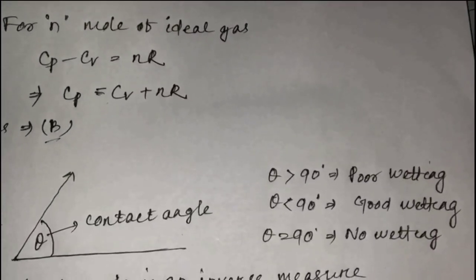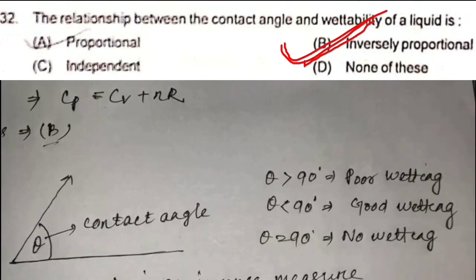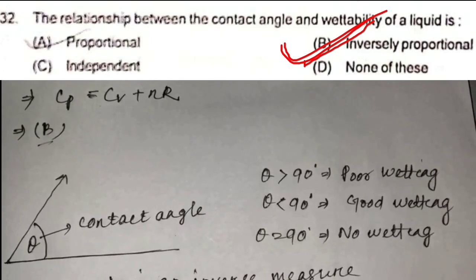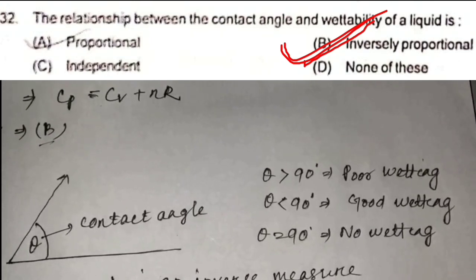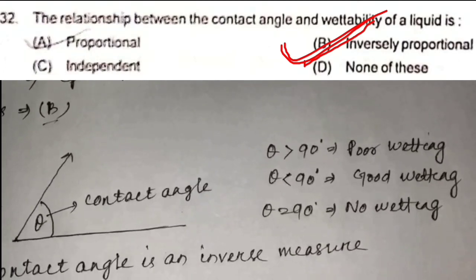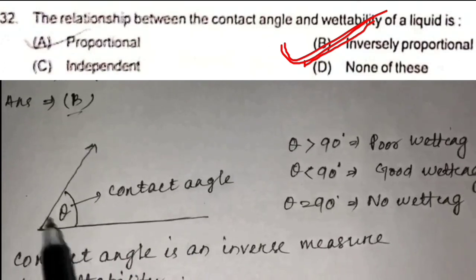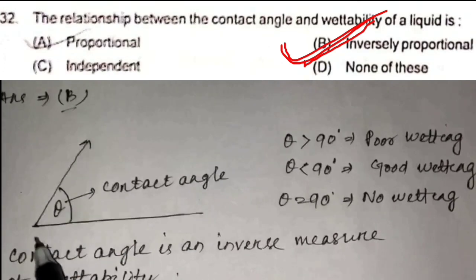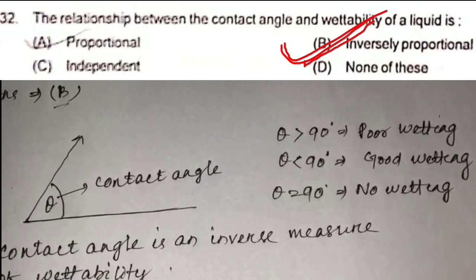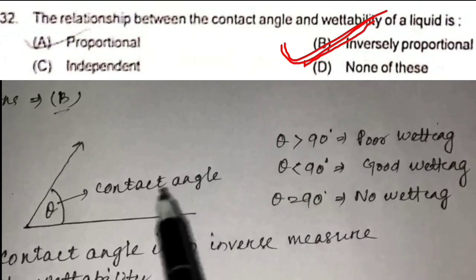Switching over to our next question: the relationship between contact angle and wettability of a liquid. For question number 32, I want to give some basic ideas about contact angle and wettability. If this is a surface and this is the deviation formed by the liquid, then this is your contact angle, and wettability depends upon this theta.